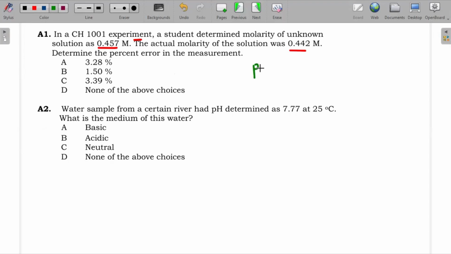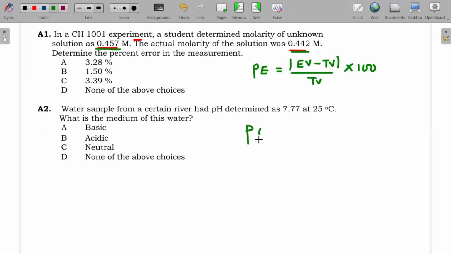Percent error is equal to the experiment value, or the measured value, minus the true value, in modulus, divided by the true value and then multiplied by 100. This one is the experiment value or the measured value, and this is the true value. So I can just put them in the formula.